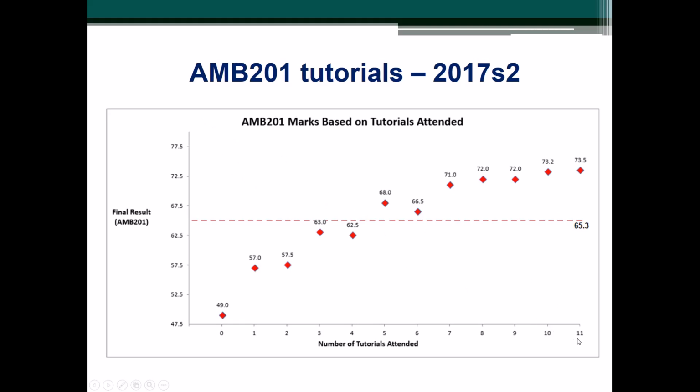And that would be the case if coming along to tutes was just wasting your time and you're actually being prevented from studying and instead engaging in mindless activities or activities that didn't relate to the unit. So we would actually see a relationship like that, and we'd call that a negative correlation. So as one variable is increasing, as number of tutorials are increasing, the other variable is decreasing. So this downward trend like that is called a negative correlation.